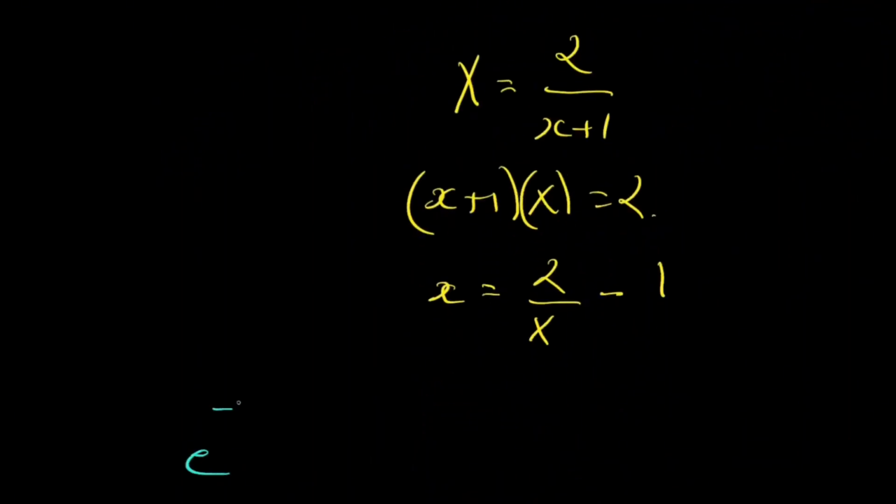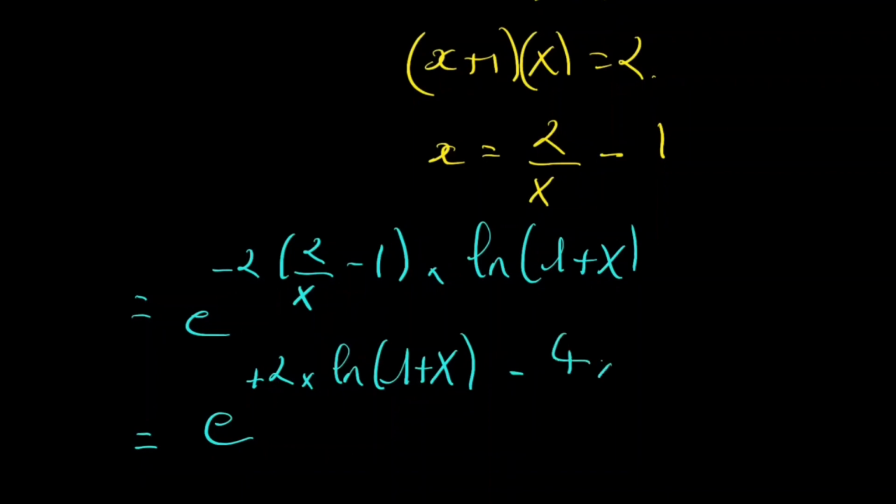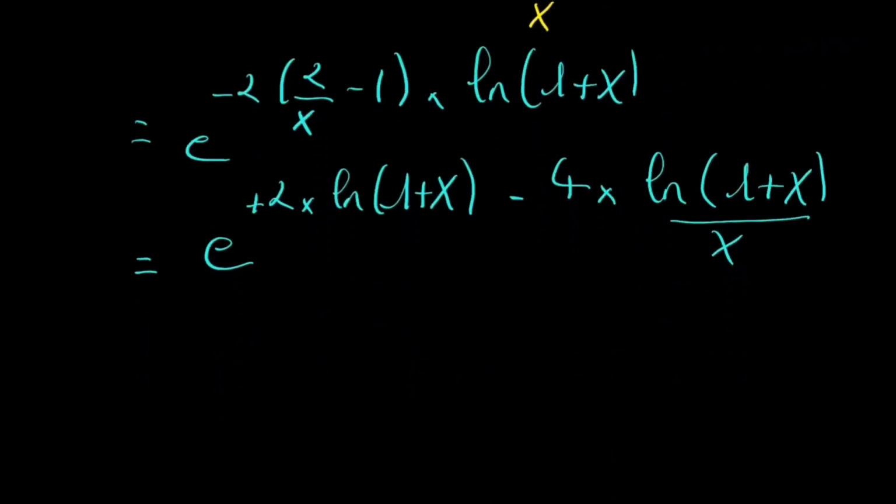You get exponential of minus 2 over capital X minus 1 times logarithm of 1 plus capital X, which is equal to exponential of minus 2 times minus 1, so plus 2, times ln of 1 plus capital X. So this was this development here, here, and here, and minus 4 times logarithm of 1 plus x over x.